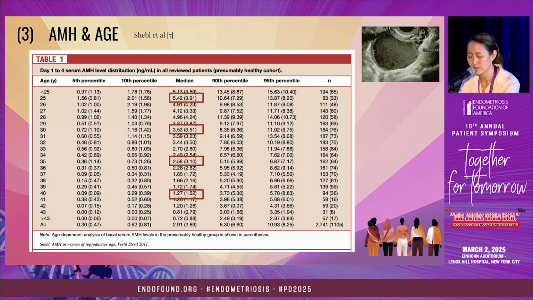Again, this is a surrogate marker. It's taken contextually with the patient, but it gives us a very rough estimate, especially if fertility is very big on a patient's mind. If they're at maybe the 10th percentile or lower for their age, in the context of endometriomas, it could be a very important time to have some counseling.